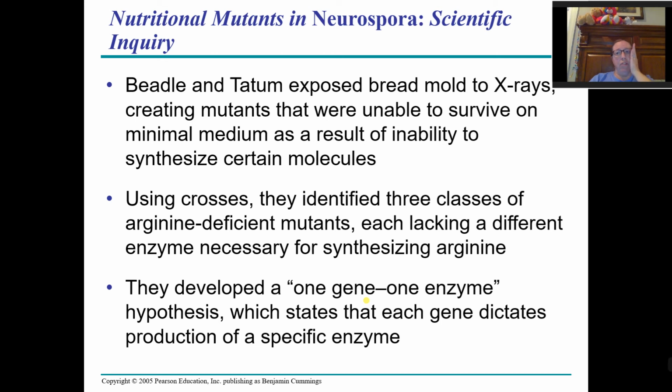You might be scratching your head, but all that's saying is that one piece of DNA, let's say AGCT, is the directions for one protein, because we know that enzymes are proteins, right?